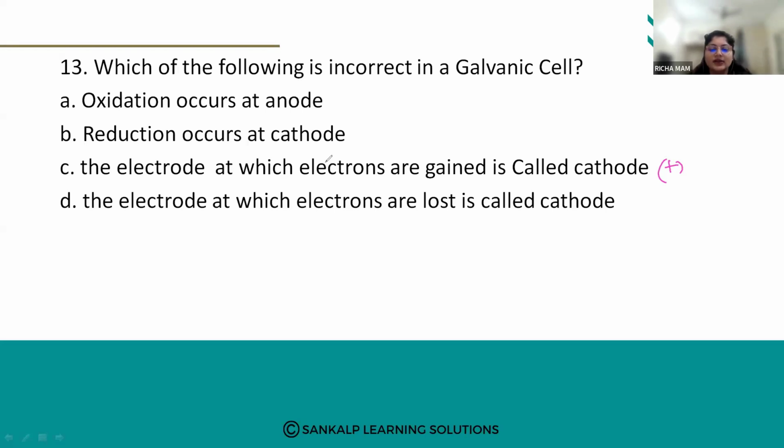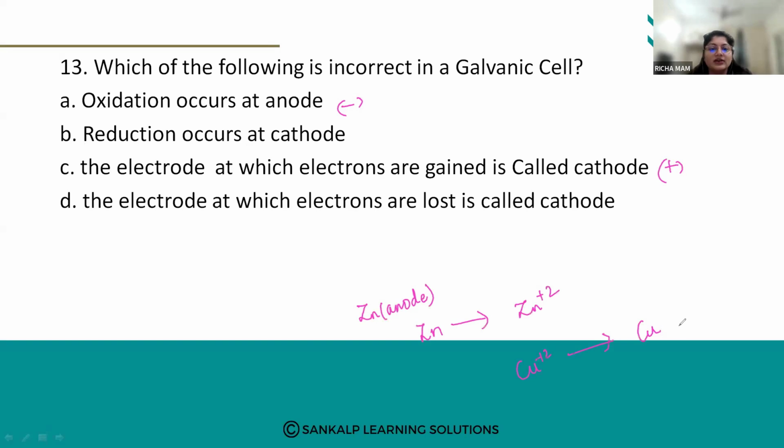At anode, as it is negatively charged, what is happening? If I consider a zinc and copper electrode, zinc will be present at anode. So Zn will be converted into Zn plus 2. So there will be loss of electrons. And copper plus 2 gives you copper.